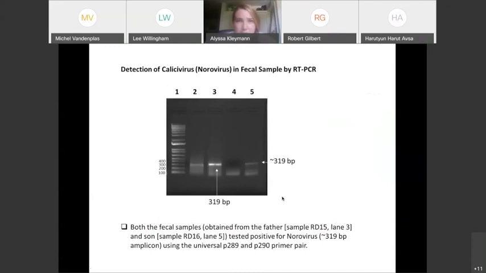So similarly, we used those same universal primer pairs to detect norovirus. And in this gel electrophoresis, we saw an amplicon size of about 319. Now, lane 2 and lane 4 represent us testing the samples for rotavirus, for which they were negative.